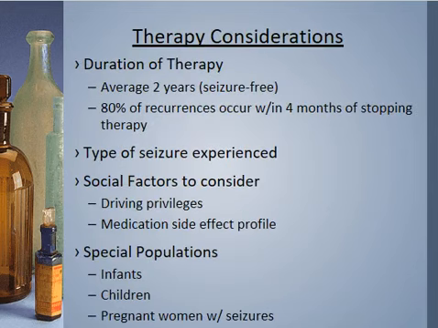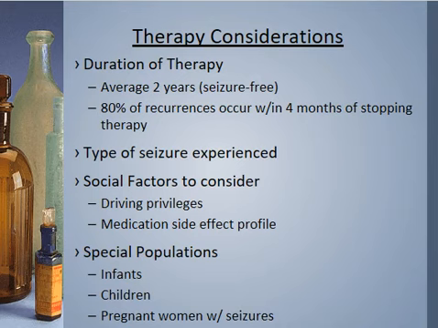In terms of therapy, things to consider for these drugs is the duration of therapy. Typically, we like to see patients be on these drugs for 2 years and be basically seizure-free for those 2 years. 80% of the patients that do have a seizure recurrence will have a recurrence within the first 4 months of stopping therapy.